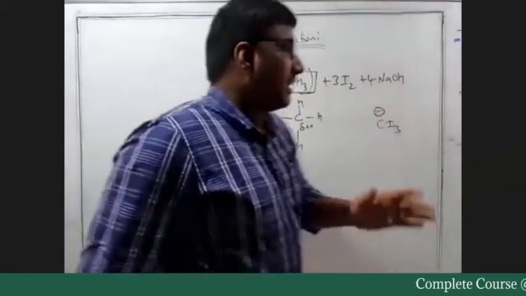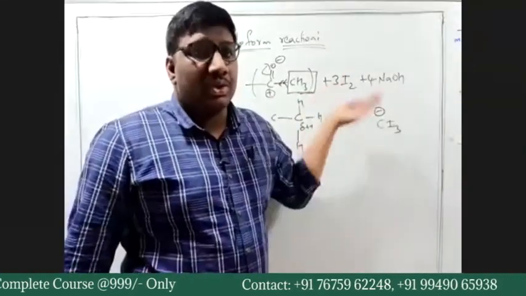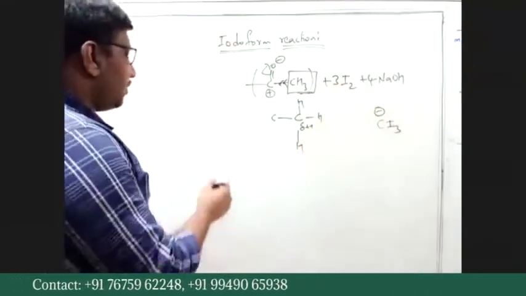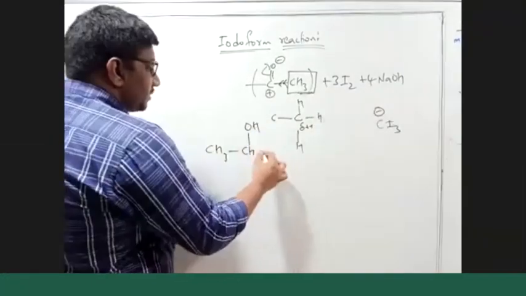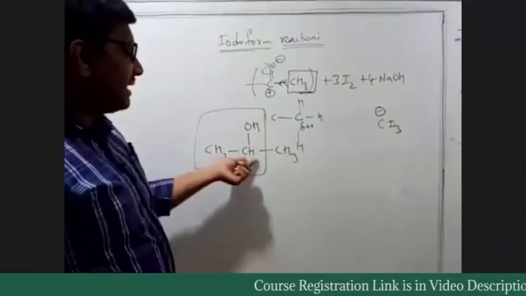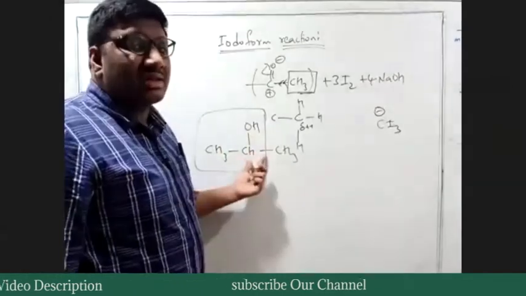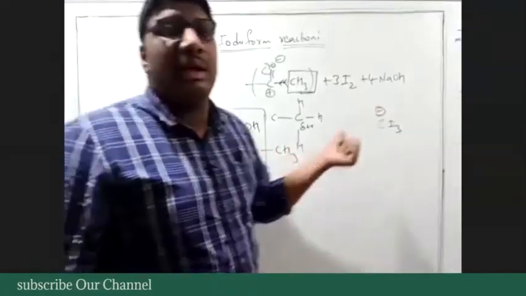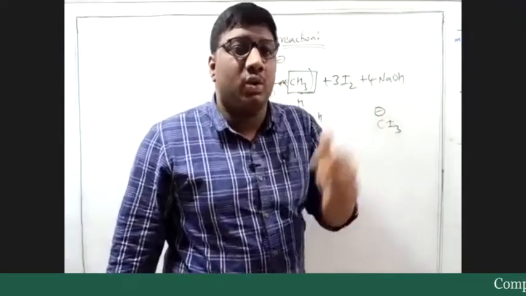But what's important is not only the C double bond O with CH3 group, but also groups which have CH3, CHOH. If you have a CH3, CHOH group as well, this type of alcohol will undergo iodoform, bromoform or fluoroform reaction.